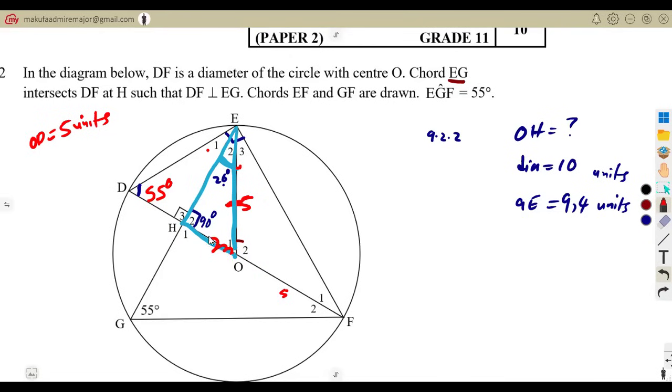Because OD consists of what? Of OH. So if we know this, guys, and they gave us GE, why are they giving us GE? This one. GE, this one. They're saying GE is 9,4. And we need to calculate OH.